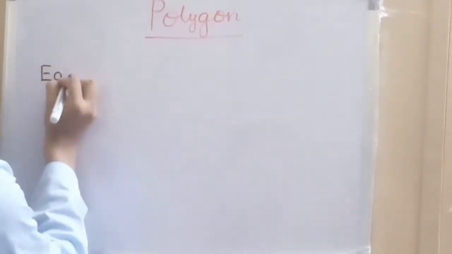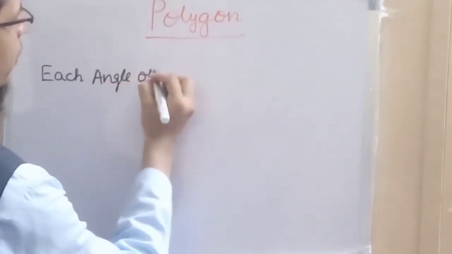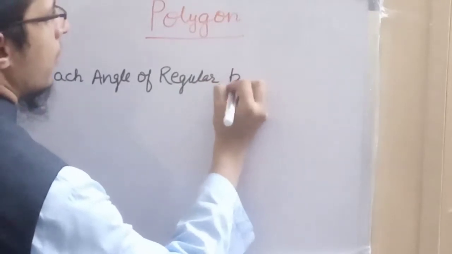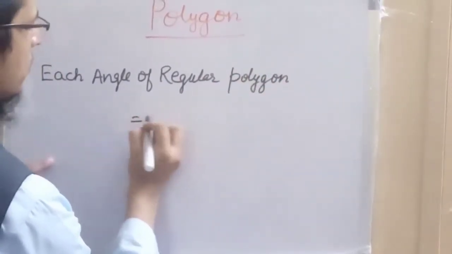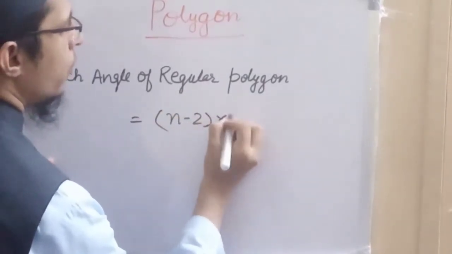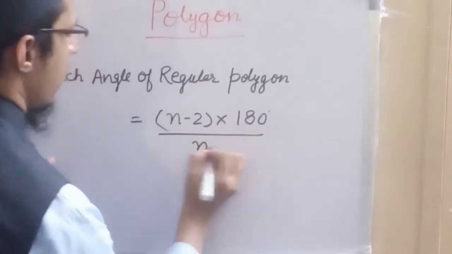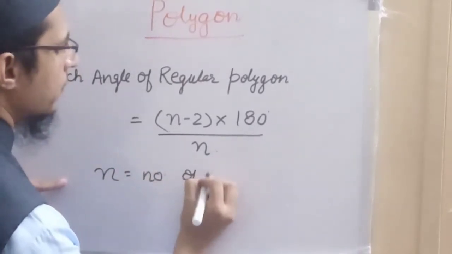Now each angle of a regular polygon can be estimated by the formula (n-2) into 180 degrees upon n, where n is the number of sides.